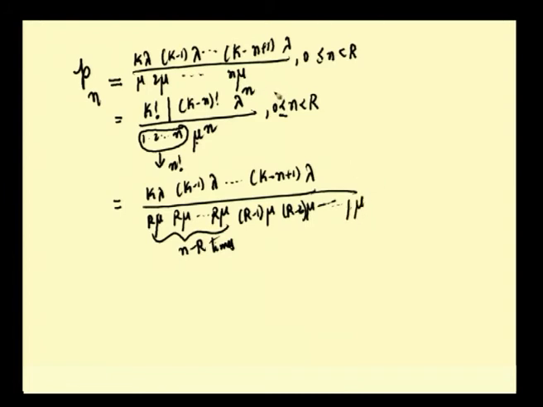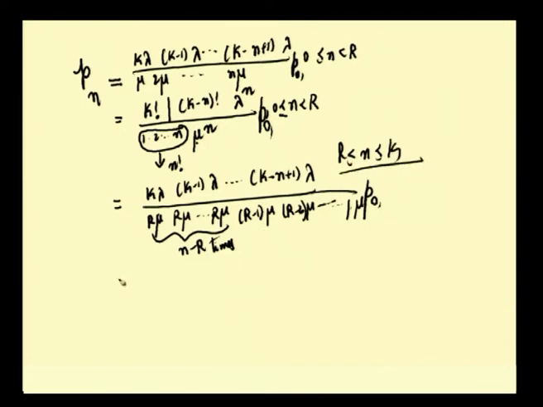Of course, we had P naught everywhere, so I will write P naught here. This is the case when n is between R and capital K.